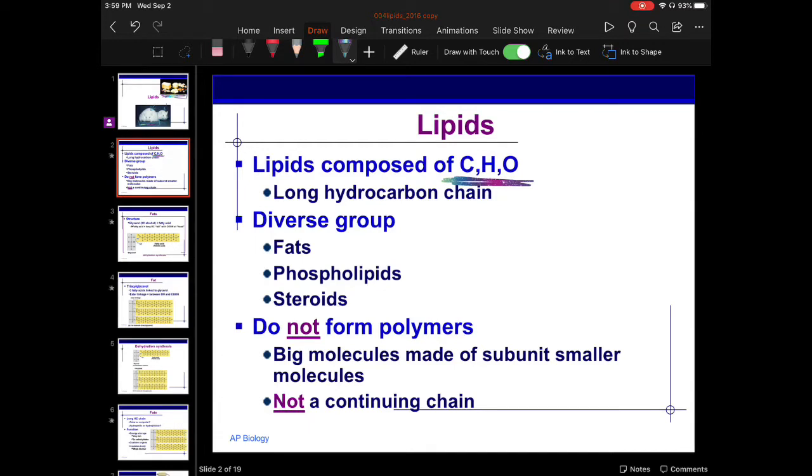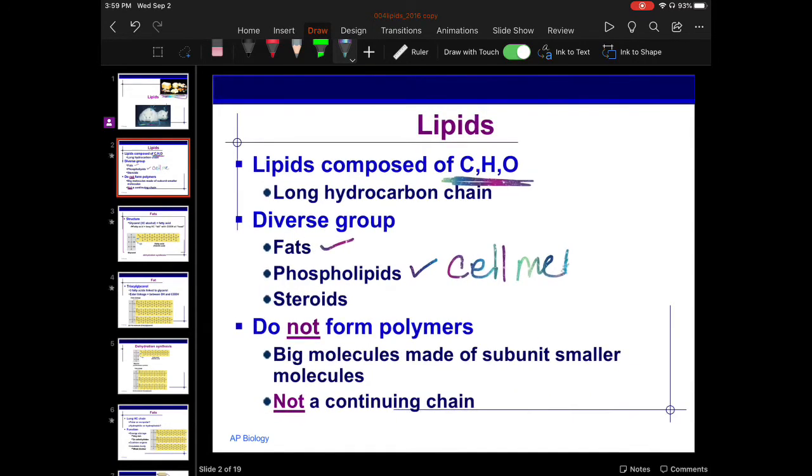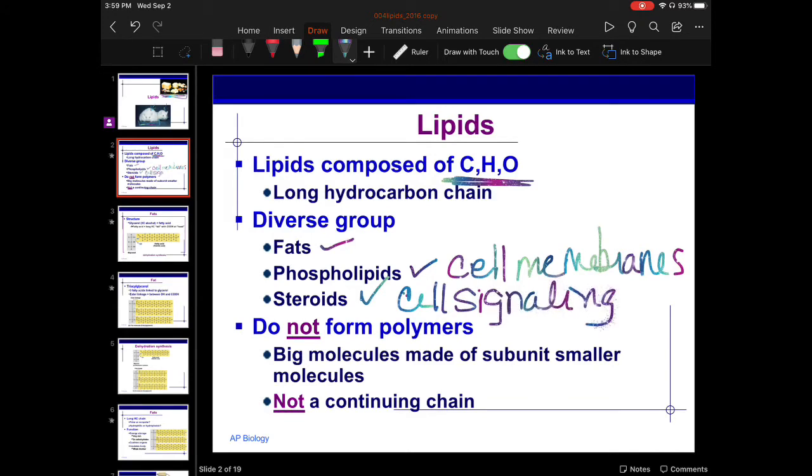In this category of macromolecule, we have fats, we have phospholipids, and hopefully by now you also know that phospholipids are in cell membranes. And then they also form steroids, and that's going to be very important in cell signaling when we get to cell.